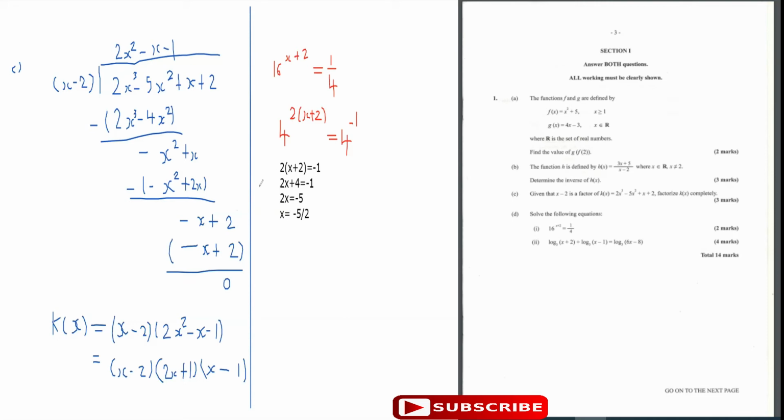Now the next part of the question, part 2, it's asking us to solve the log equation. We're required to solve log to base 3 of x plus 2, plus log to base 3 of x minus 1, and they're telling us that that is of course equal to log to base 3 of 6x minus 8.